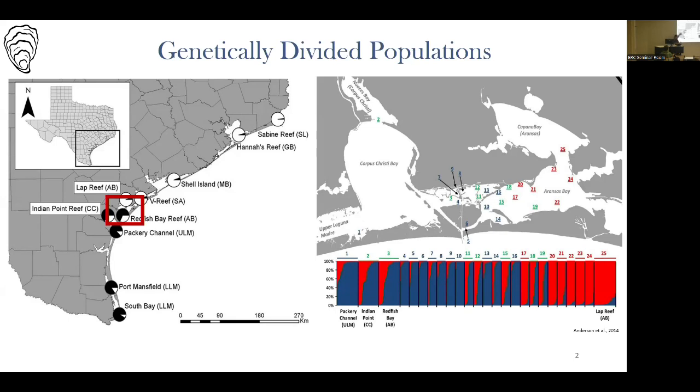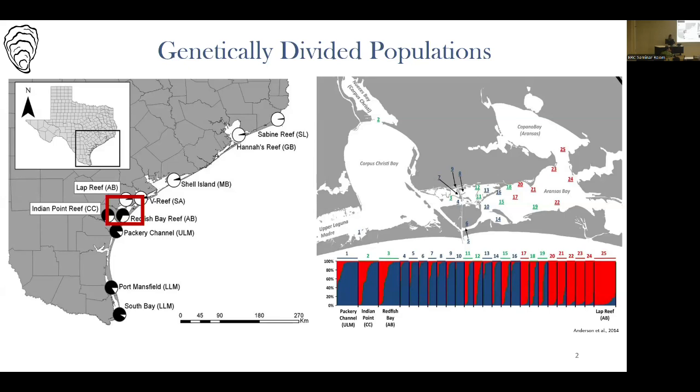This is zooming in on the transition zone. You can see, denoted by the red and blue, the different genetic makeup and how this transition zone is acting. Now, there are different hypotheses as to why we have these genetically different populations.